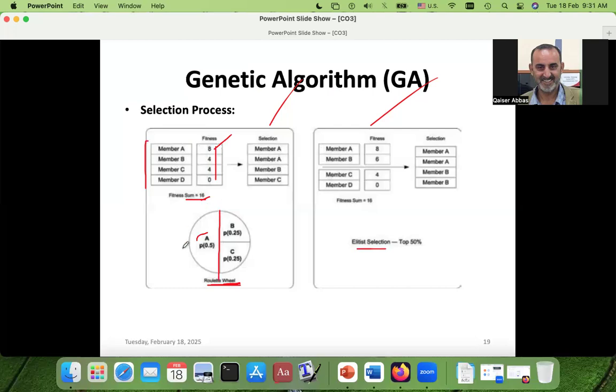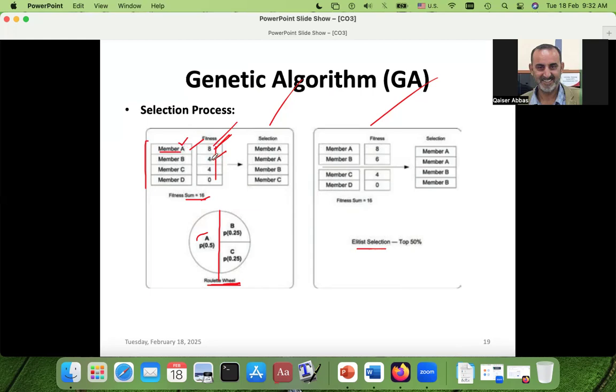Which means that from this whole wheel, half of the percentage is allotted to this member A. Or this member A has a 50% chance to be selected from this population due to this score. If this is 100%, then 50% is the chance for the member A to be selected from the pool.